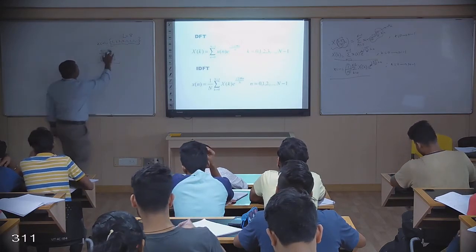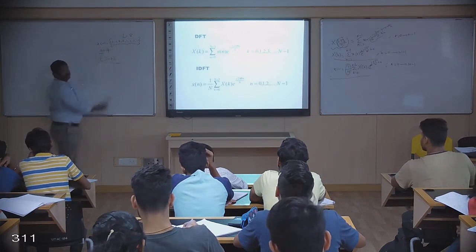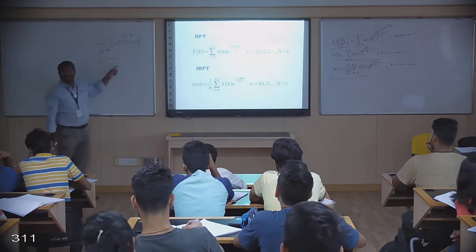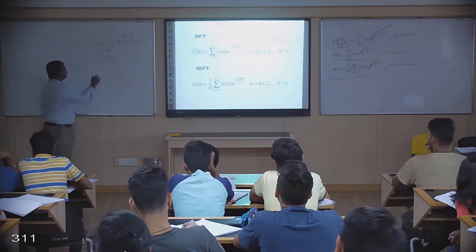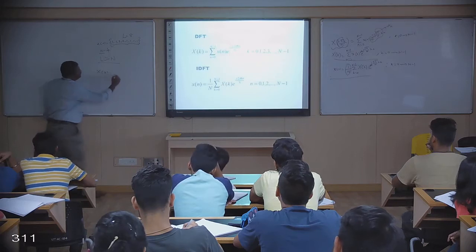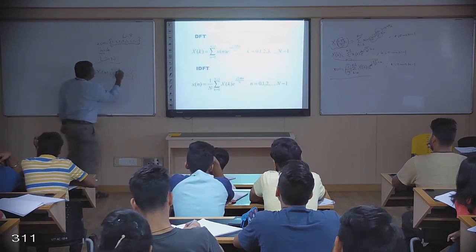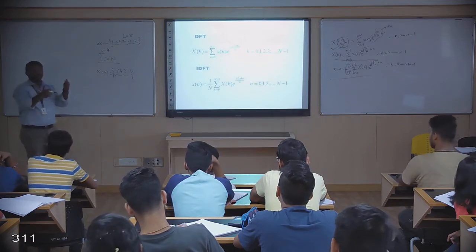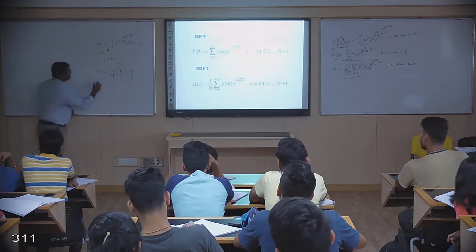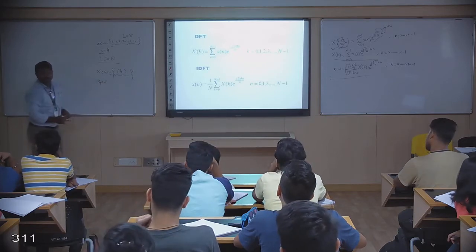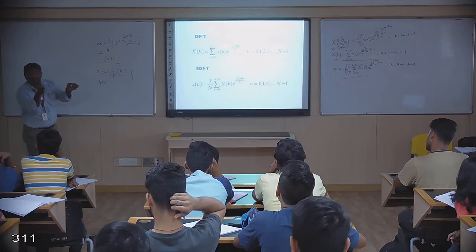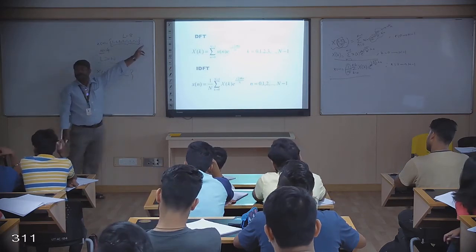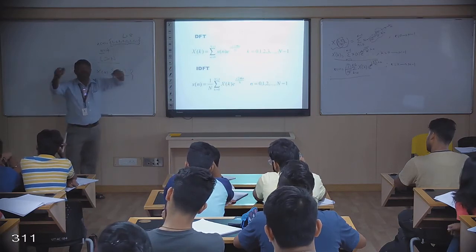Now if I am interested in finding a 4-point DFT, now L is greater than N. So finally when you are getting X of k, there will be only 4 values. Now if you are reconstructing it, your x of n, or xp of n just to differentiate, will have only 4 values. So you will be losing the remaining 4 inputs. So that is called aliasing.